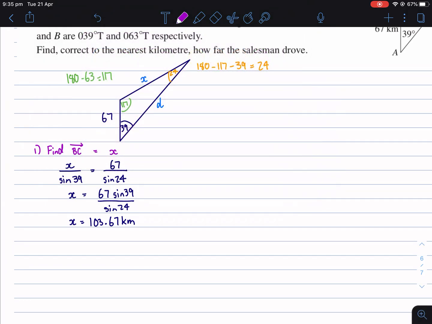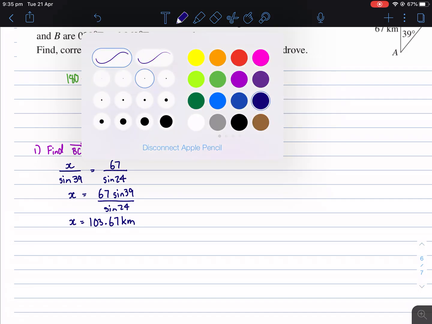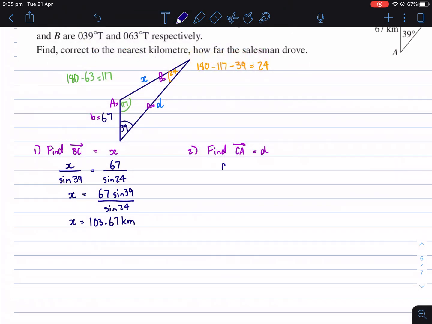And then for number 2, we're going to find CA, which is what I've called D. So here, that's my A, which means this is my length big A. This is still the other side I knew at the start, so this is still angle big B. So I can write D on sine 117, because that was opposite, equals 67 on sine 24.